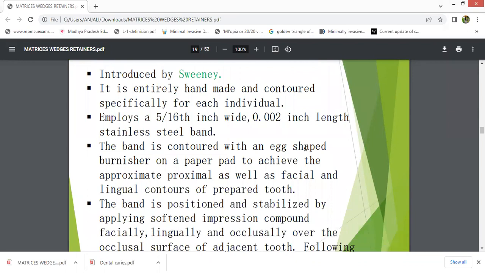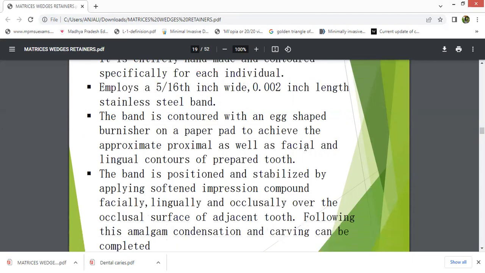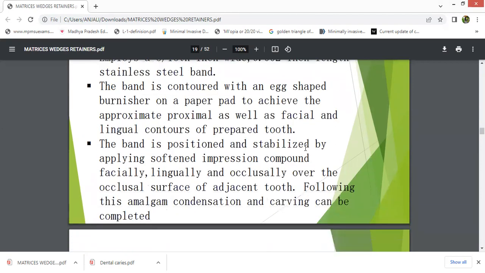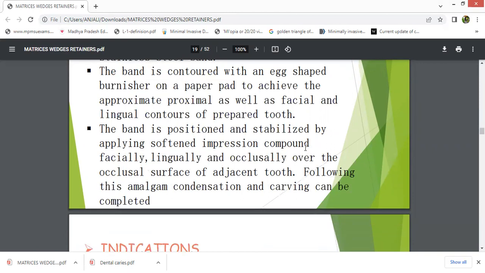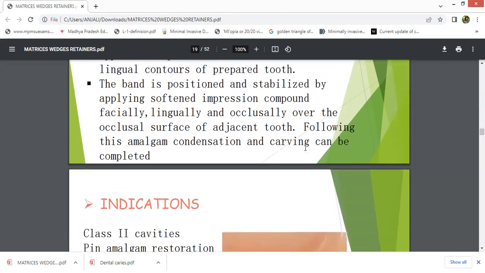The band is contoured with an egg-shaped burnisher or a paper pad to achieve the approximate proximal as well as facial and lingual contour of the prepared tooth. The band is positioned and stabilized by applying softened impression compound facially, lingually, and occlusally over the occlusal surface of the adjacent tooth. Following this, amalgam condensation and carving can be completed.